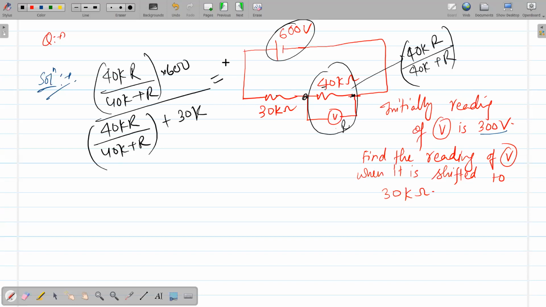This equals 300. So I can cancel this out, this becomes 2, and this further becomes 80k R divided by 40k plus.